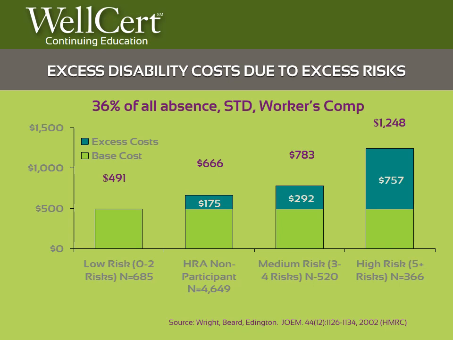And then if it was high risk, 5 or more risk factors, then the amount was $757. So that's a dose-related response. It just shows the more of the risk factors you have, the higher your absence, STD, and workers' comp illnesses, injuries, not injuries, but absences are.